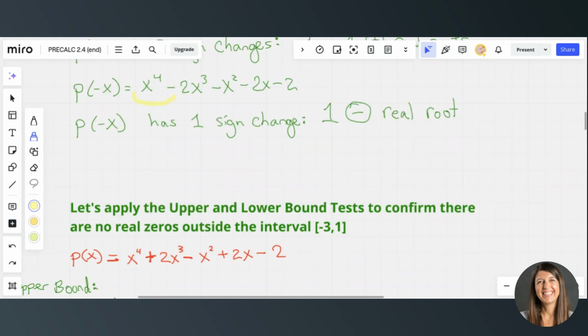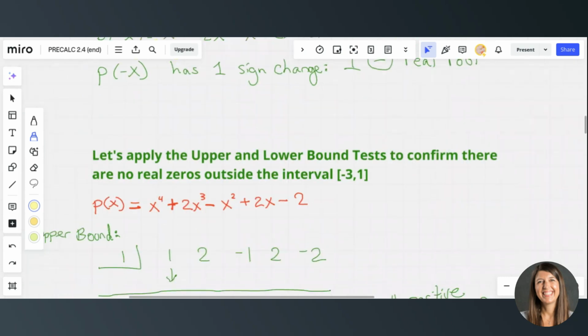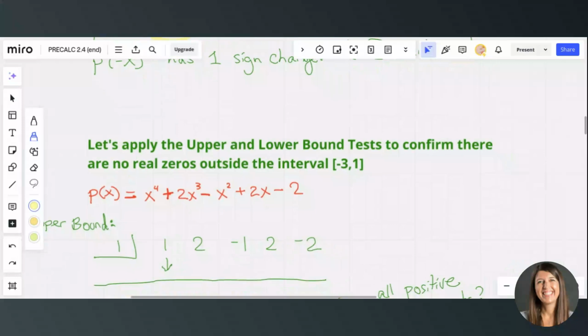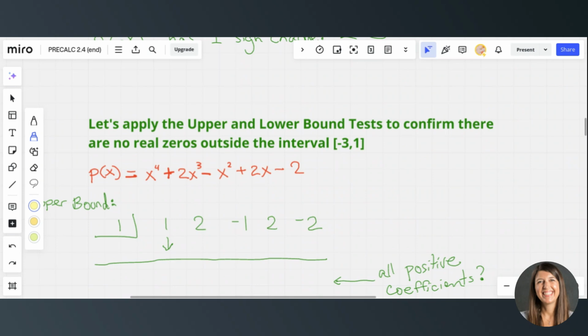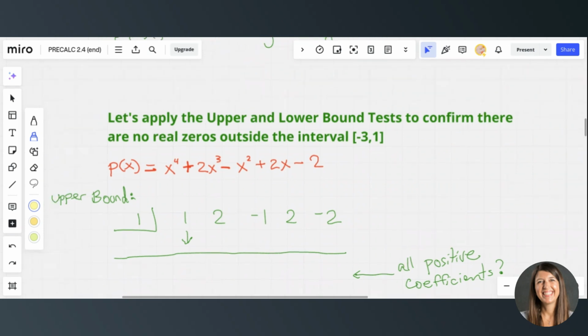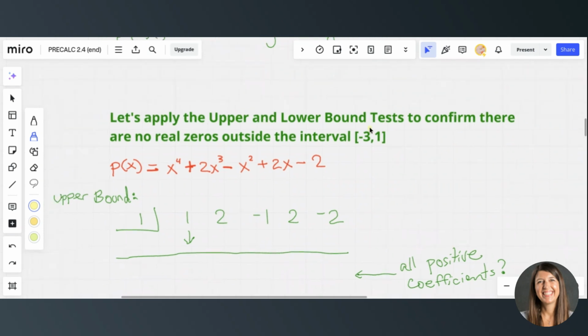All right, for review, let's apply what we just learned, the upper and lower bound test, to confirm that there's no real zeros outside of the interval -3 to 1. All right, remember p of x was what we have here in orange. And the upper bound, if we look at our interval, is this 1. So I'm going to put 1 in this box, okay?